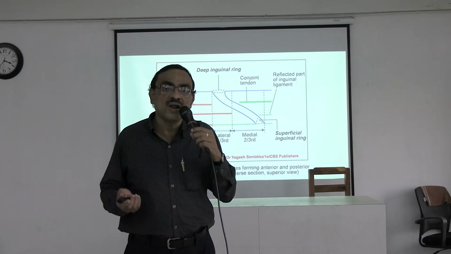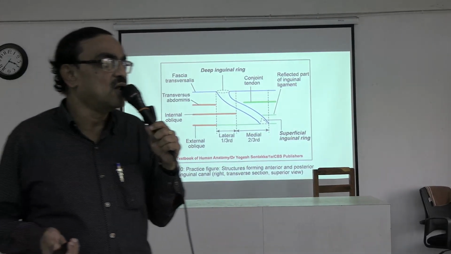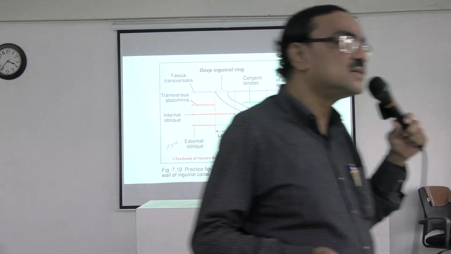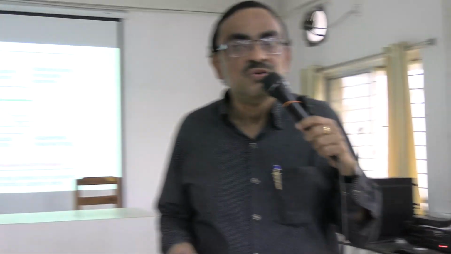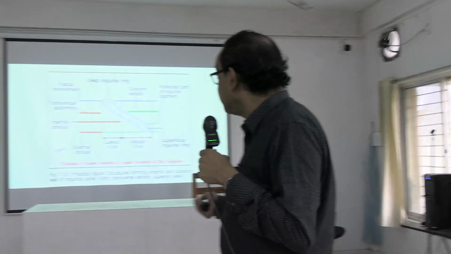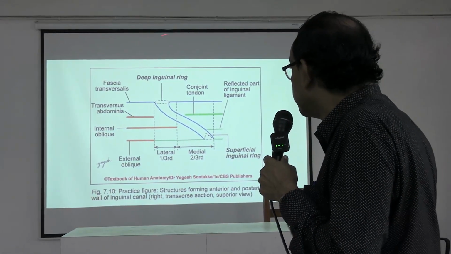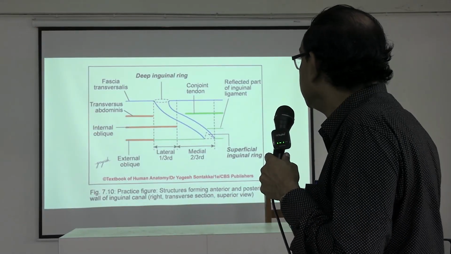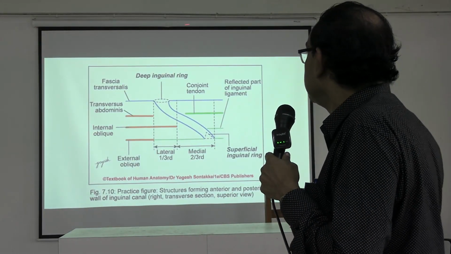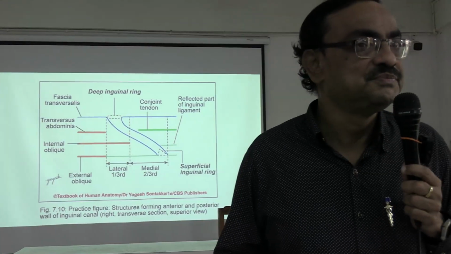Actually, the gonads, whether it is the testis or, in case of female, the ovary. So this is the anterior abdominal wall, and suppose this black one is the posterior abdominal wall.